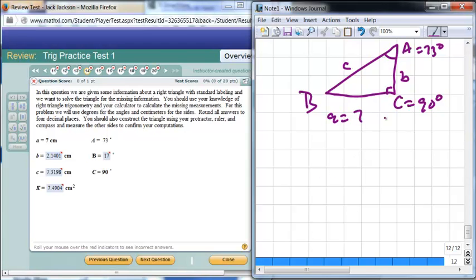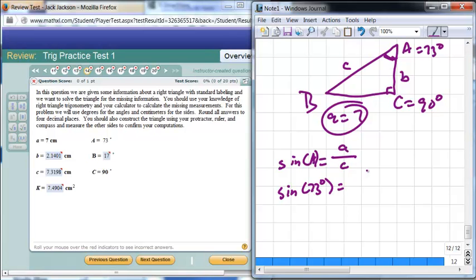Okay, so let's use the side we know up here. This is opposite. So opposite over hypotenuse, A over C, is the sine of angle A. So in other words, the sine of 73 degrees is 7 over C. Solve for C, multiply both sides by C, and then divide by sine of 73.